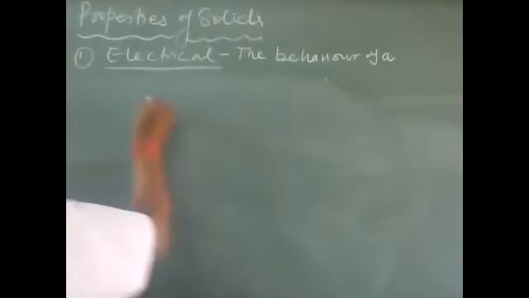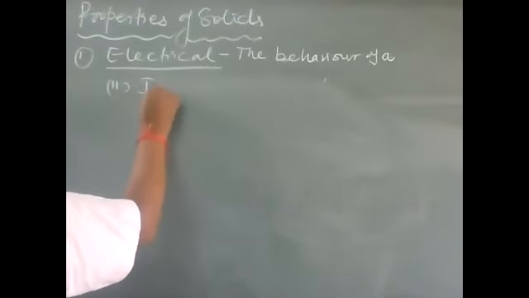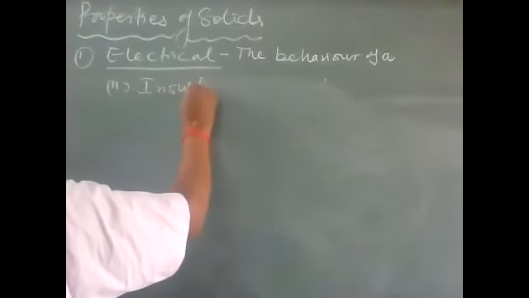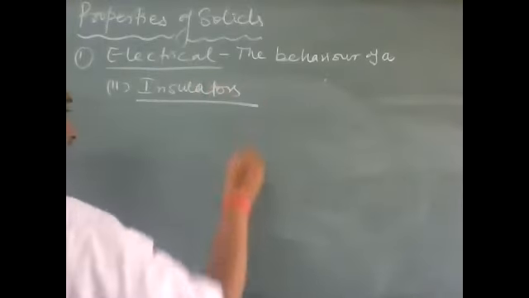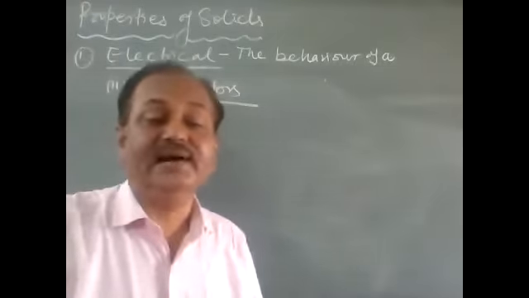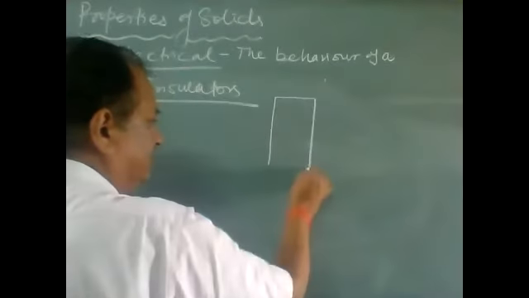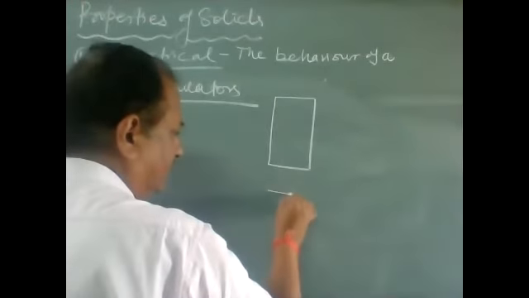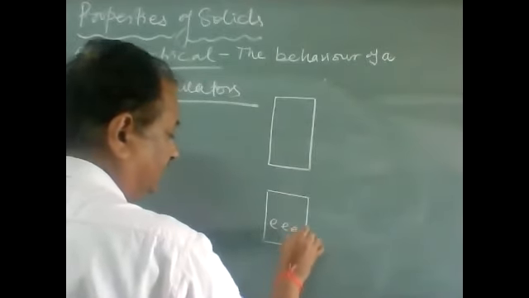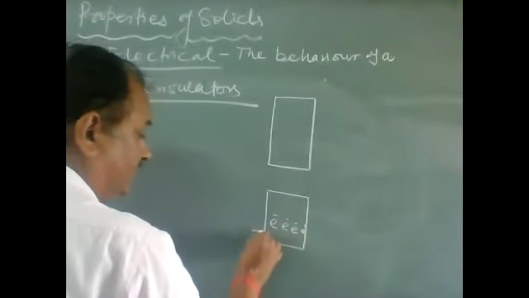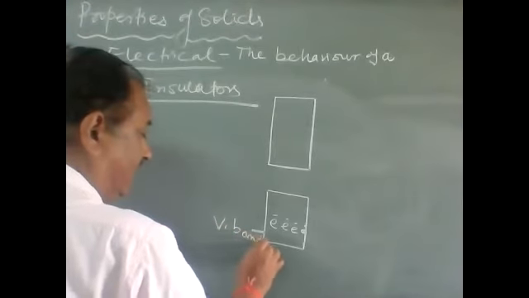Now coming to the second part, about the insulators. So in case of insulators, children, the gap is very large, and there is a separate area. This is the valence band.